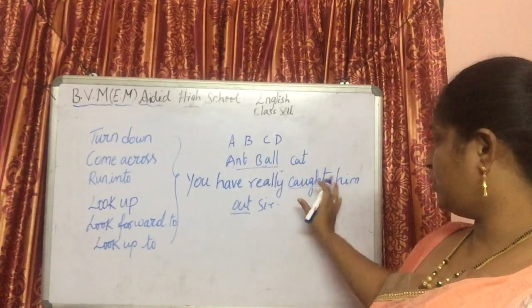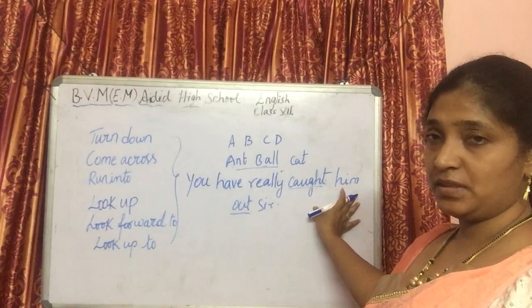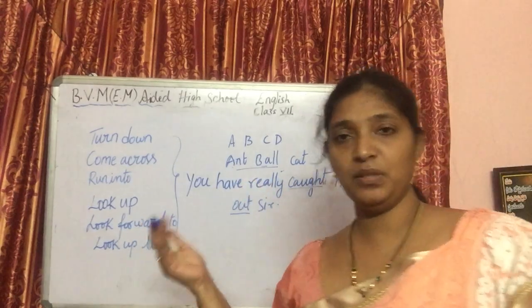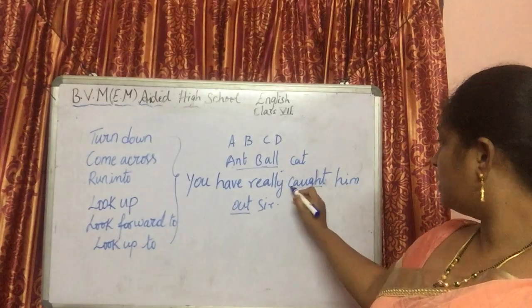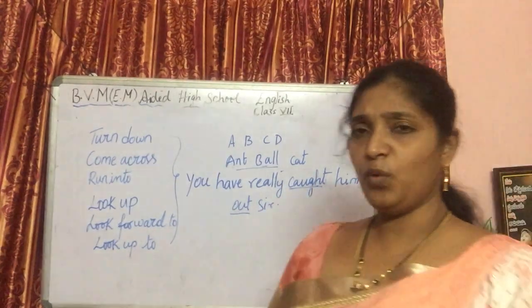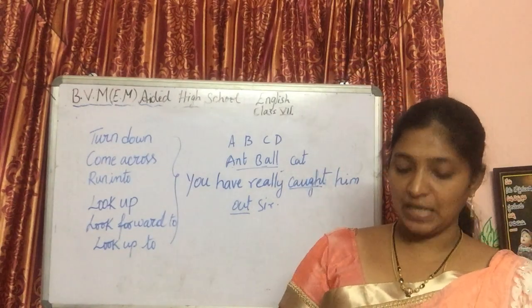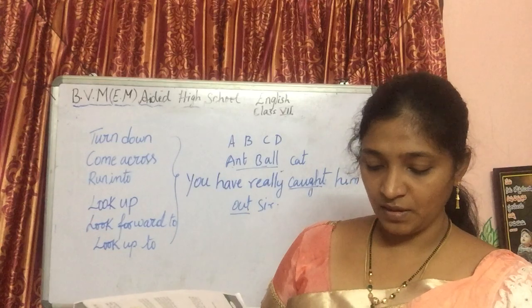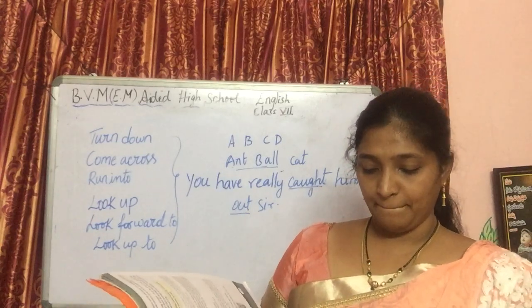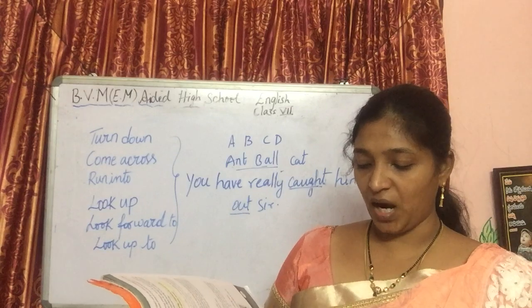Okay, but it is used along with the other words. So a phrase is nothing but a group of words. Now this caught out is used in this sentence. Now what is the meaning of caught out? Let's see. Perhaps his painting is so good that he can't bear to part with it.